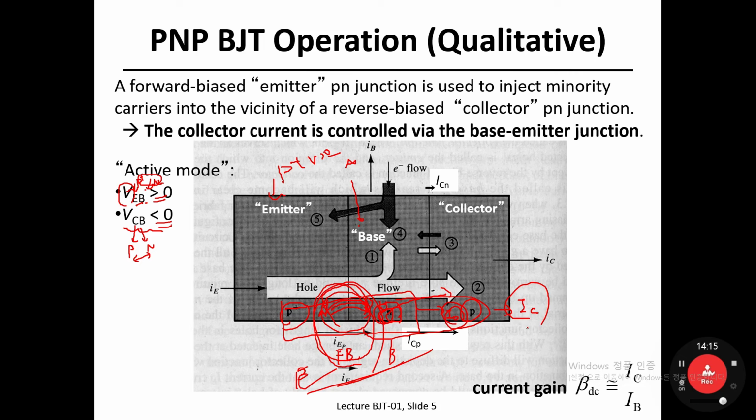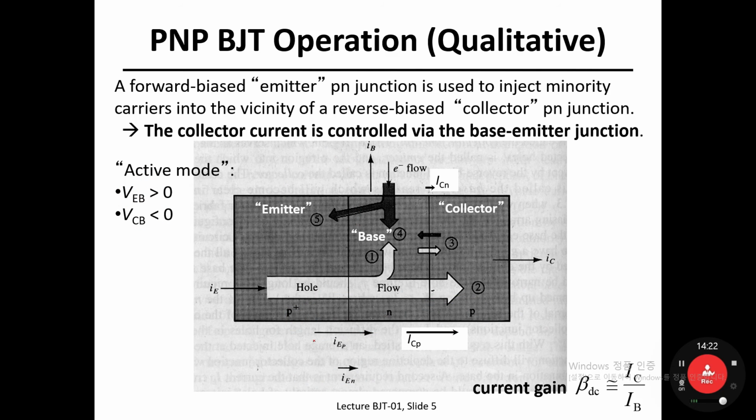Okay, all right. So now let's slightly switch gears and take a look at some more current components in each region. Here I have done the numbering work: number 1, number 2, number 3, number 4, number 5.